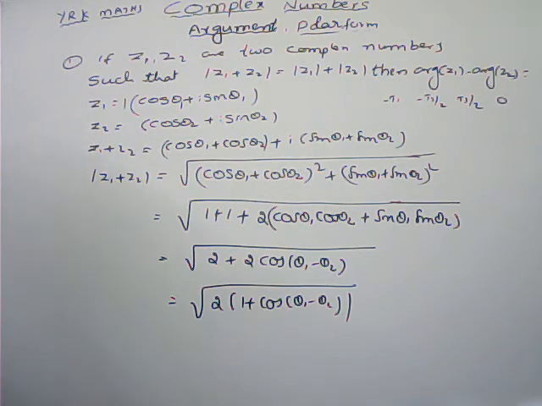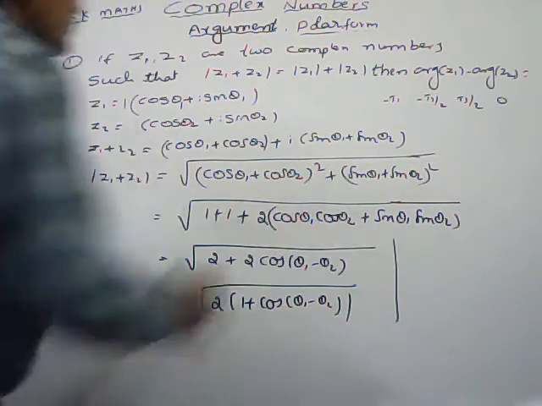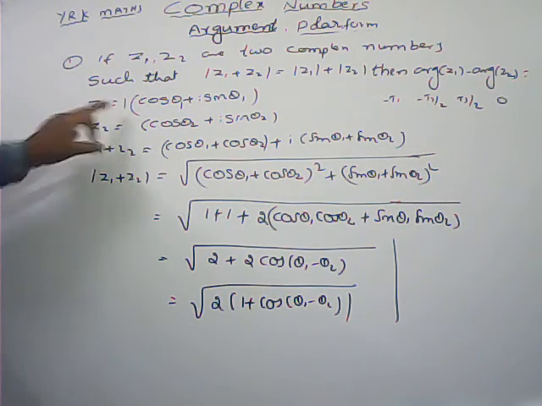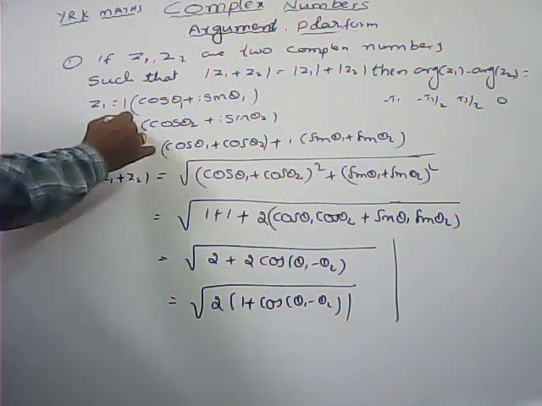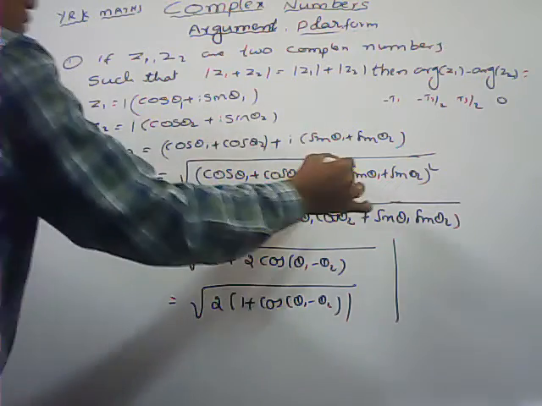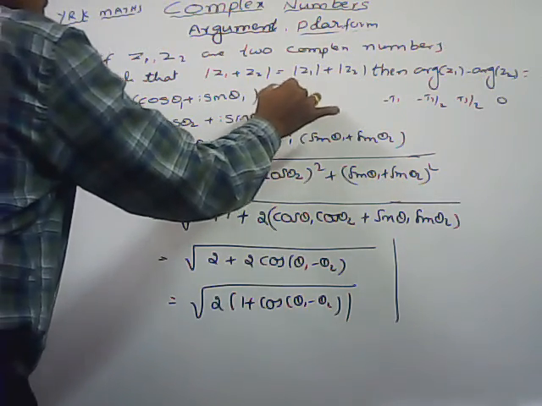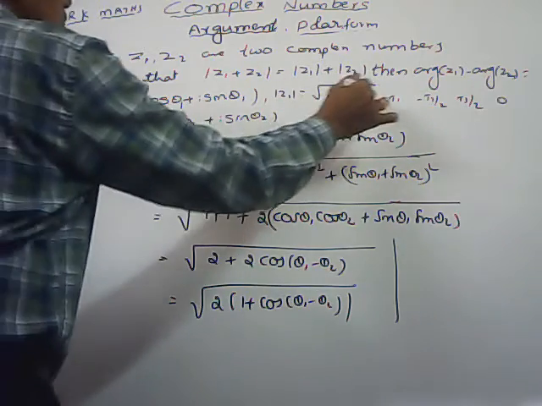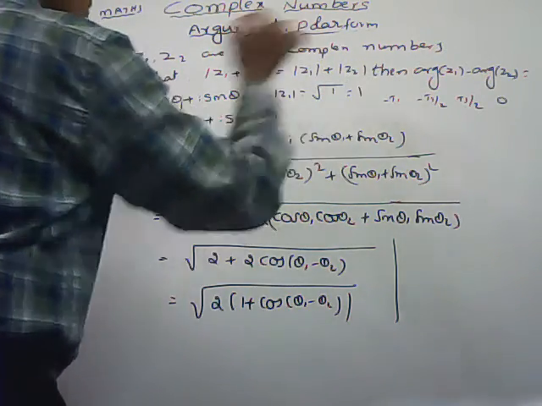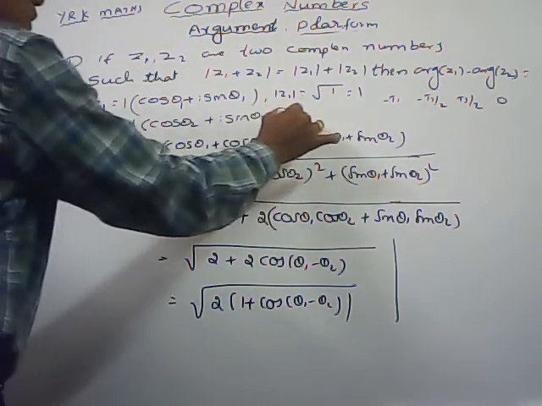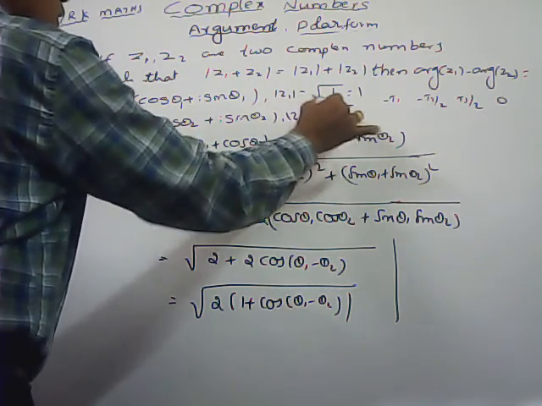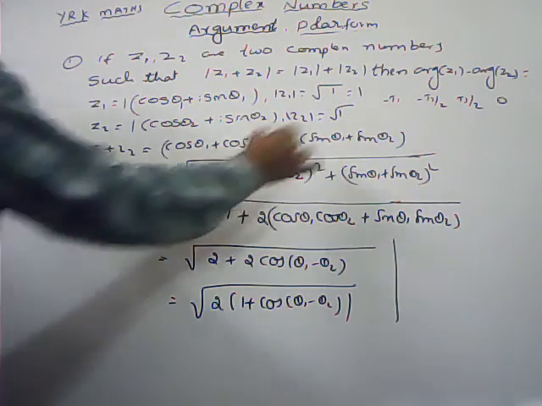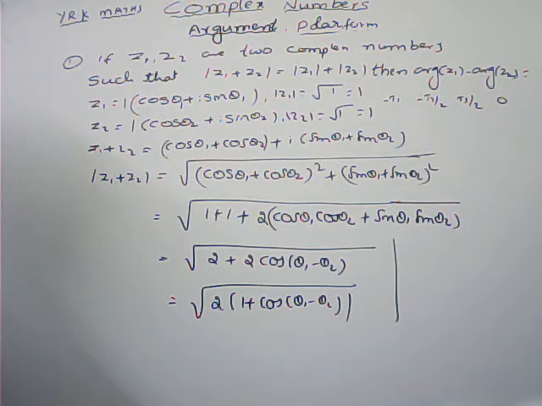Keep that aside. Now, modulus of Z1 is root of cos square theta 1 plus sin square theta 1, that is 1. Modulus of Z2 also is 1 only.